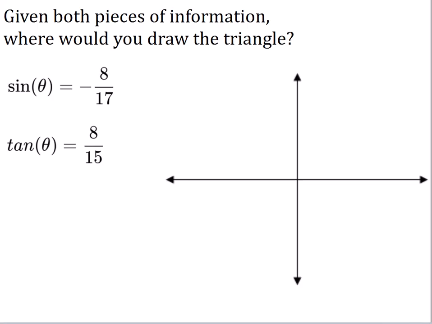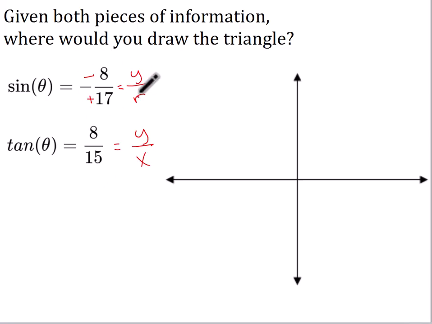Last question of the day. So we have sine is equal to y over r, and tangent is equal to y over x. And so what I want you to think about is, how can we draw the triangle? We know that the radius has to be positive, and therefore the y value is the part that has to be negative.